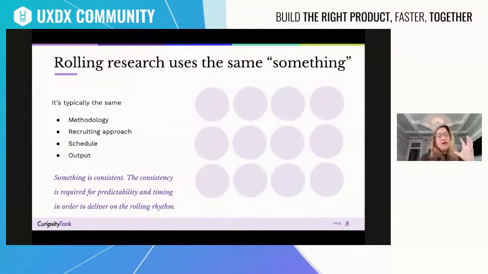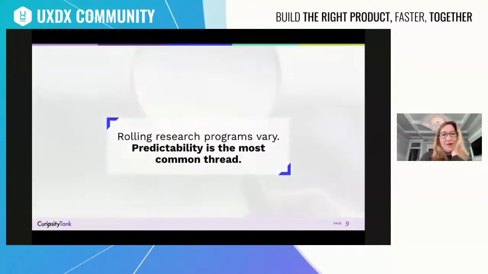It's usually a combination of these things so that we can do it week after week and keep delivering on it. Something is consistent, and that consistency is required for us to be predictable and to time it in order to commit and deliver on this rolling rhythm. I'm going to give you some more examples about that.